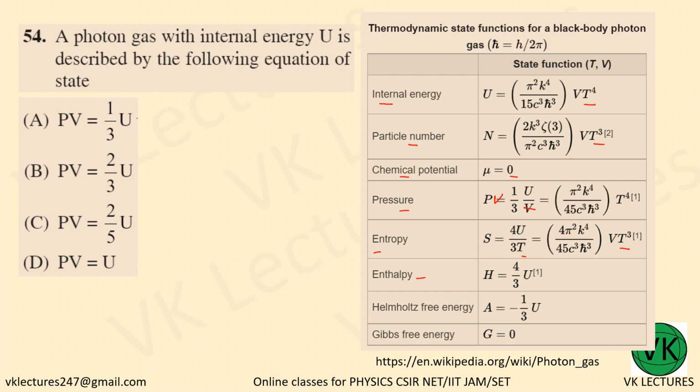Enthalpy is 4 by 3 U. Helmholtz free energy is A equal to minus 1 by 3 U, and Gibbs free energy is 0. Now, from the question you can write pressure P is equal to 1 by 3 times U by V, or you can write PV is equal to 1 by 3 U. So your answer is option A.